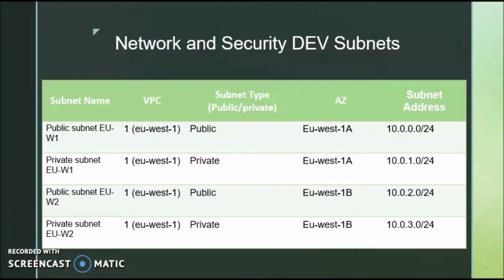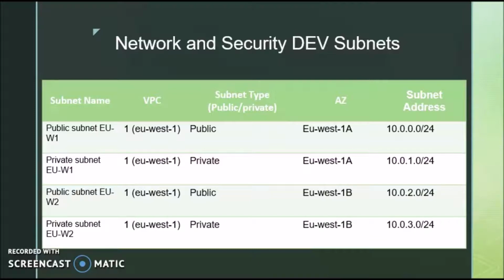Private subnet EU W1 is similar, but it's private and the address is 10.0.10.0/24. Public subnet EU W2 is in the availability zone of EU West 1B and has a subnet address of 10.0.20.0/24.